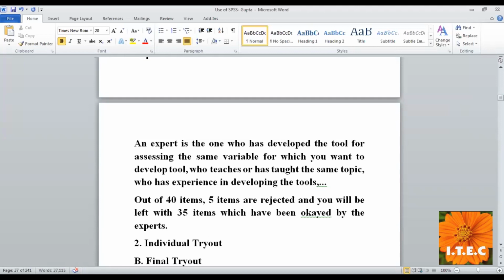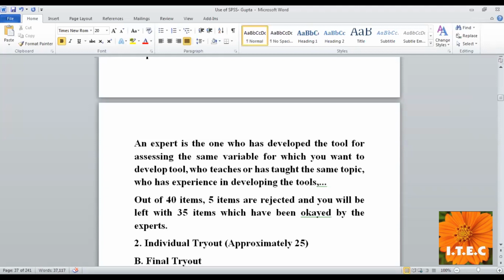What is the meaning of individual tryout? Now you have to give each item to one person at a time. You try out each and every item by taking one person at a time, not a group. And for the individual tryout, you should have approximately 25 people.